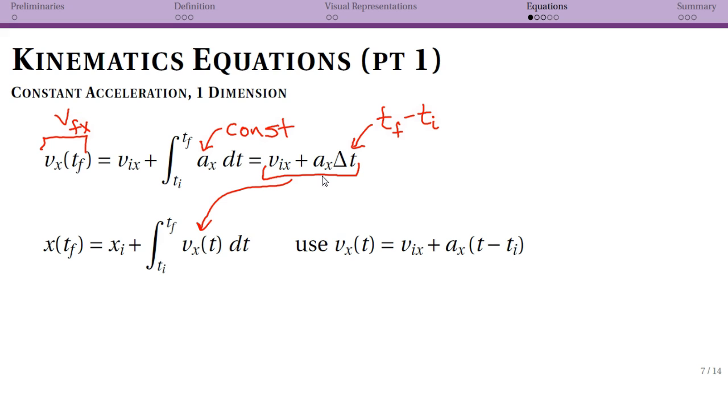So hopefully that's clear. I'm using effectively this answer in here, but I'm changing my notation a little bit so it's clear that my velocity is a function of time in general. So now, as I plug that in, all I've done is literally put this in.